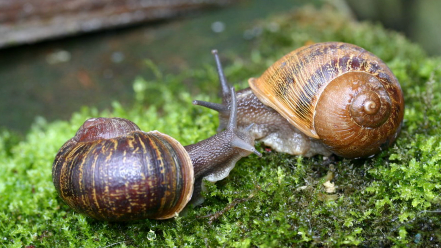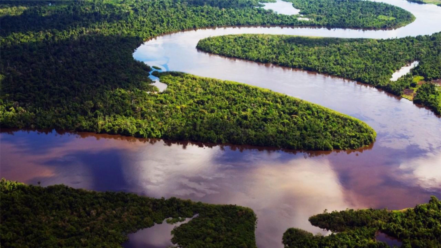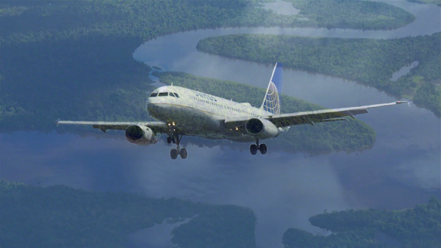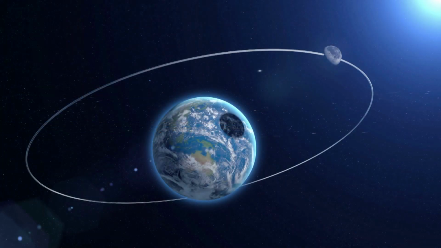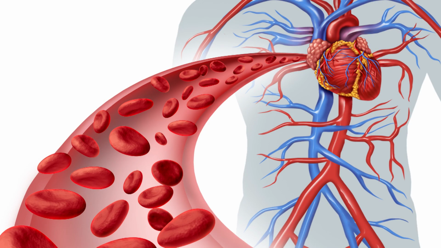The movement of a snail on the ground, a butterfly fluttering from one flower to another, a river flowing along clear rounded pebbles, an aeroplane flying high up in the air making jet trails, the moon going around the earth, blood flowing inside our bodies. There is motion everywhere if we look closely. It is everywhere around us. So students, to sum up, today in motion and measurement of distances, we learnt about moving things around us and the types of motion.